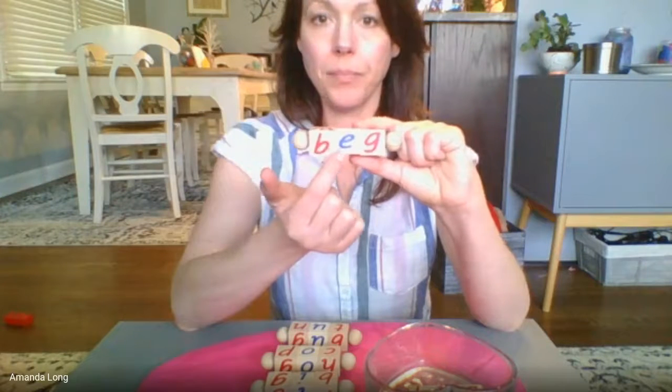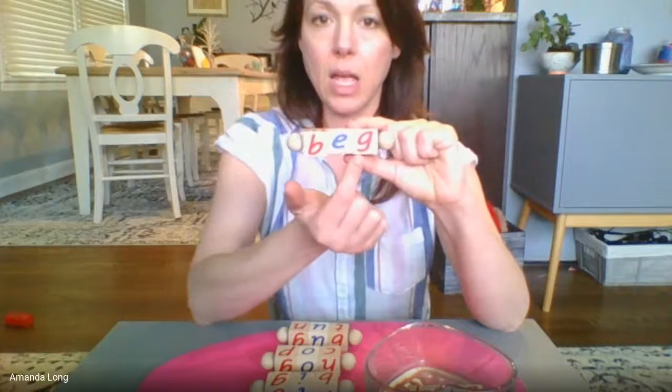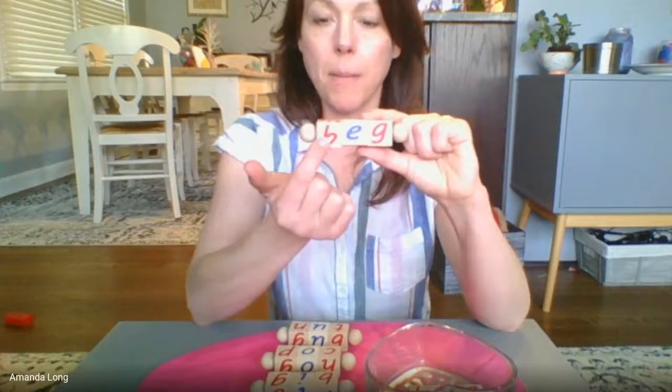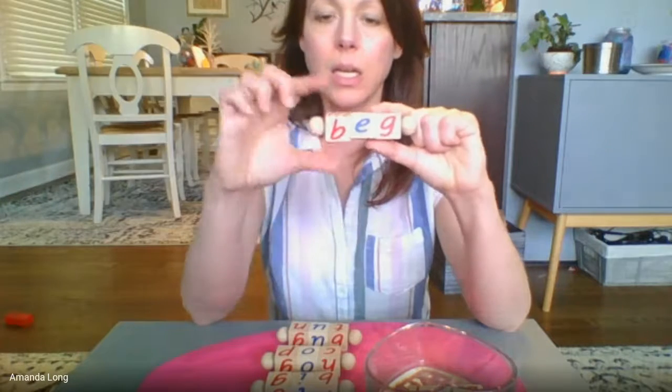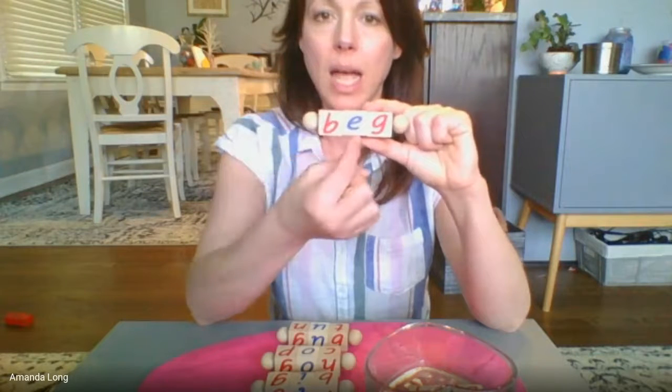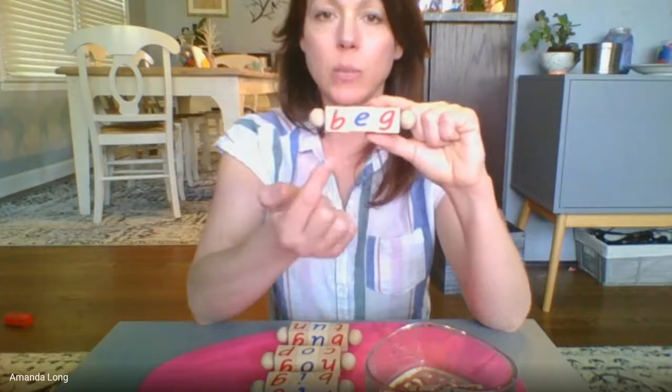What do we have? Ooh, a G. We have a G. So now we have to just sound it out again. We've got B, E, G. Egg. Smooth it out.